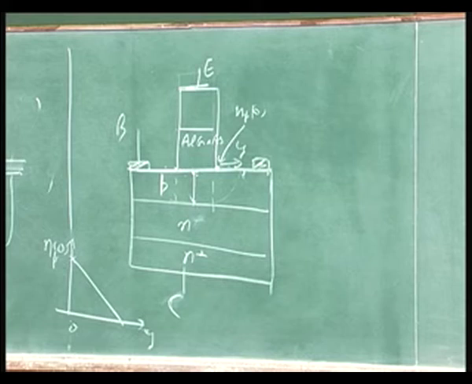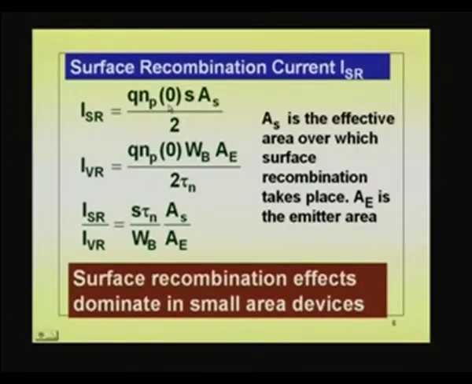So, what I am trying to point out here is that the surface recombination current is QS into surface area into average carrier concentration, and volume recombination is proportional to area, and the volume is emitter area into base width, and QNP0 by 2 is Q by tau, the whole thing is Q by tau. So, what we are trying to find out is, should you worry about surface recombination?